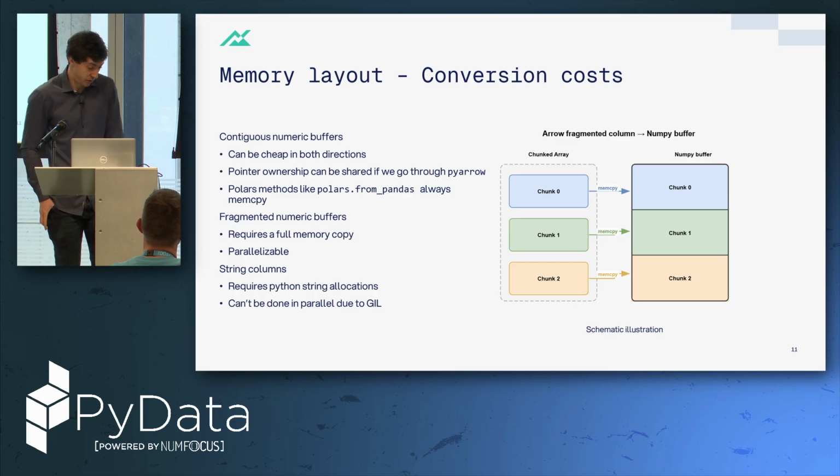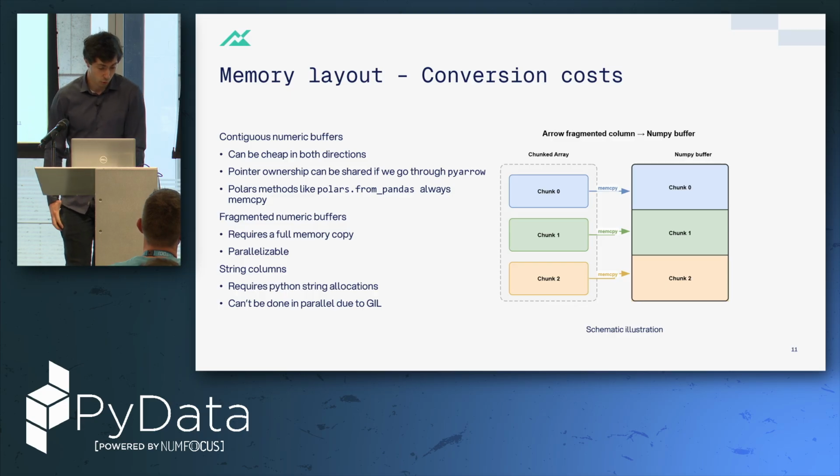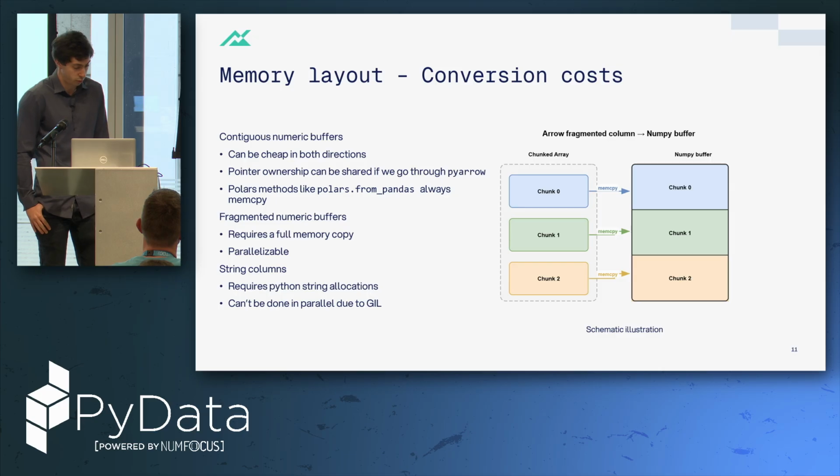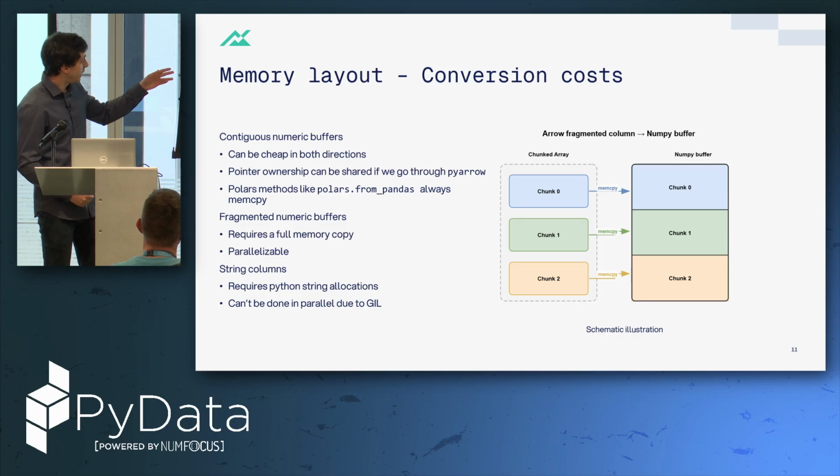Where we cannot avoid CPU cost and memory copies is, for example, if we have multiple record batches in the Polars or Arrow frame. In this way, the array might be separated into multiple chunks, what we call a chunked array.